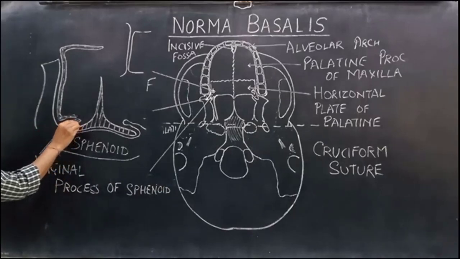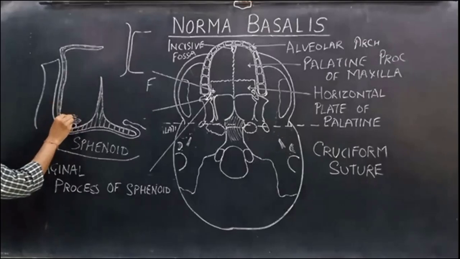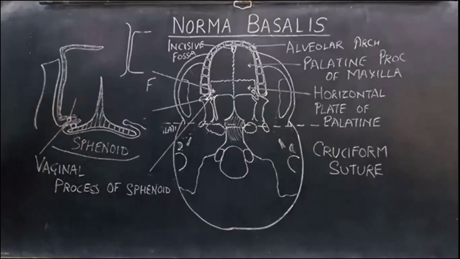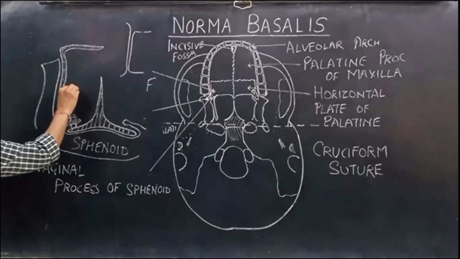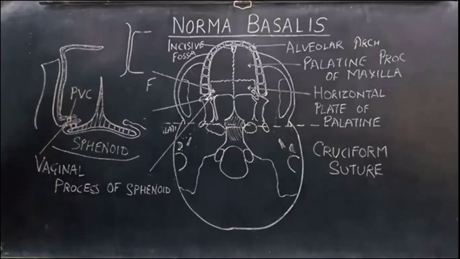So there is a gap between this process and the vomer, and there is another gap between this process and the palatine bone. So what would the name of this be, between the palate and the vaginal process? Palatovaginal canal.